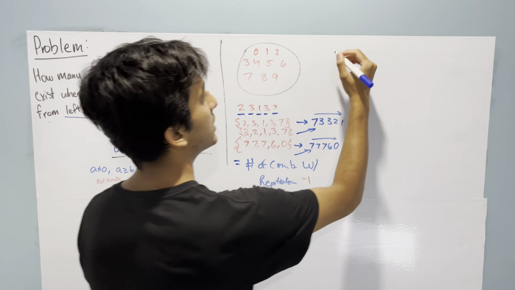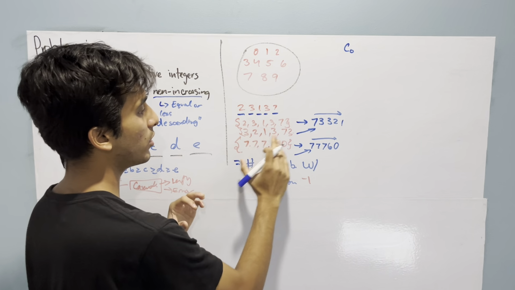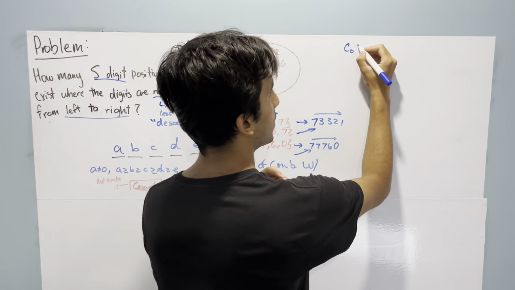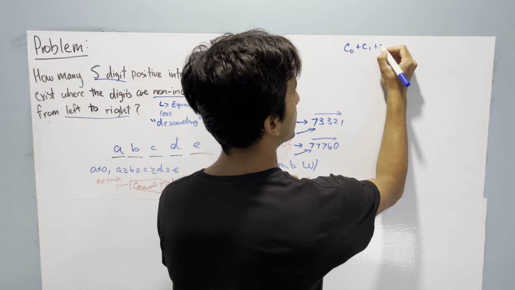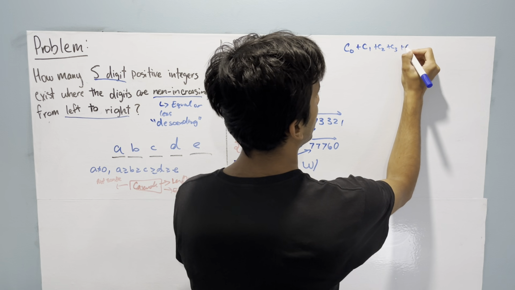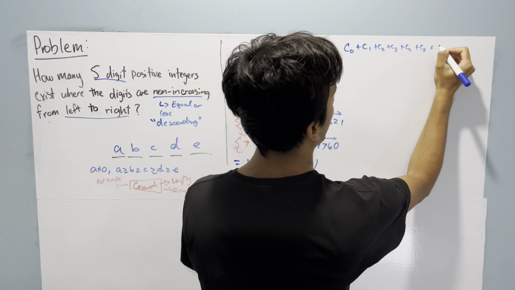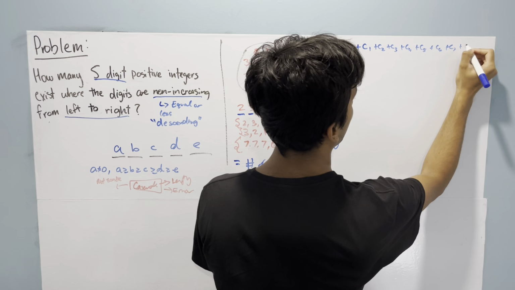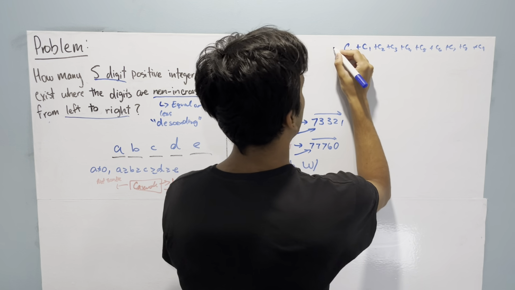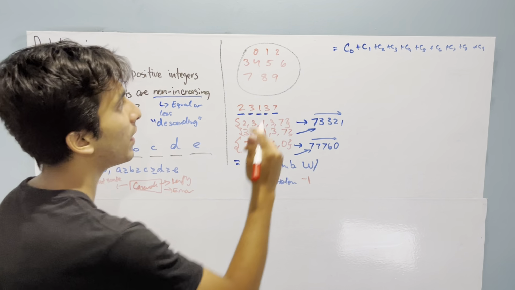So if I represent C0 as the number of times 0 appears, C1 as the number of times 1 appears, and all the way until C9, this has to equal 5.